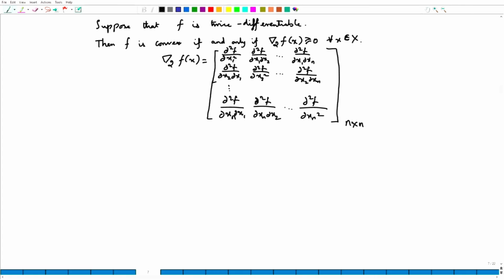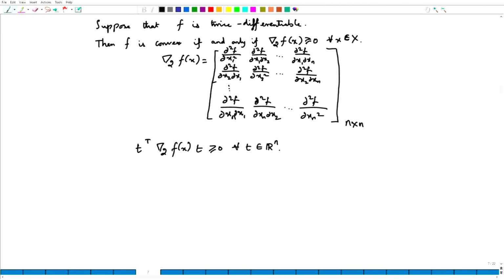Okay. So, we call this positive semi definite if the following condition is satisfied. Okay. So, you take any t, an n length vector, and you compute t transpose into the Hessian matrix into t.